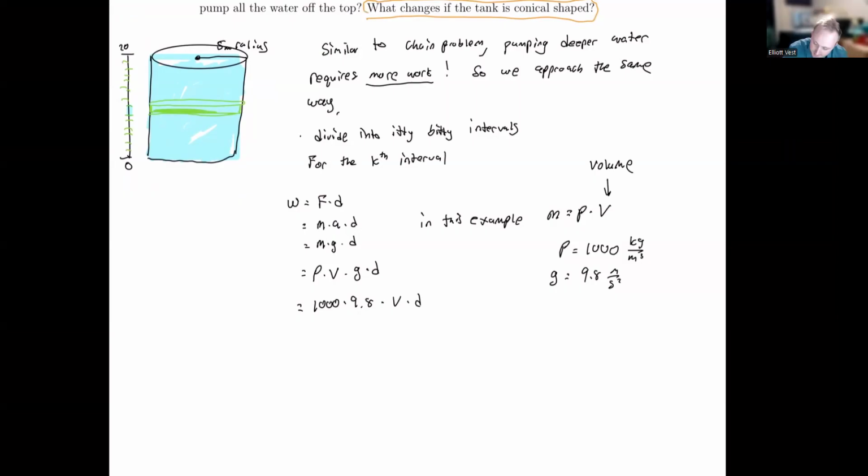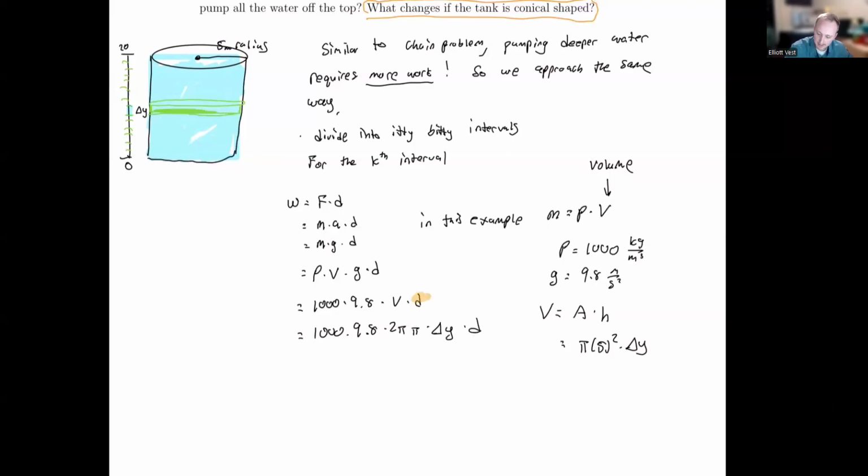The bottom base is an area of a circle, so pi times 5 squared, since the radius is 5 here. And the height is going to be some change of y. Okay, so we have 1,000 times 9.8 times 25 pi times change of y times d.